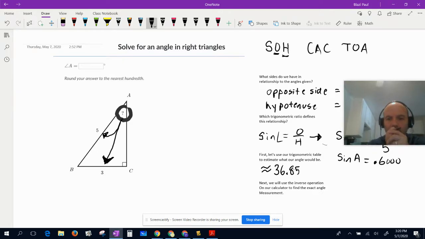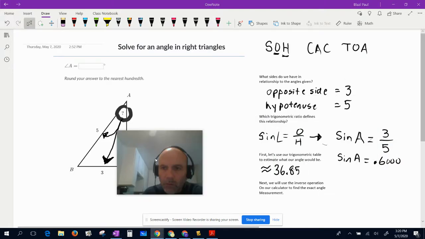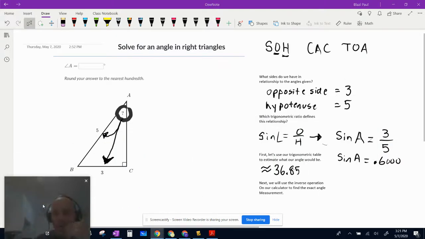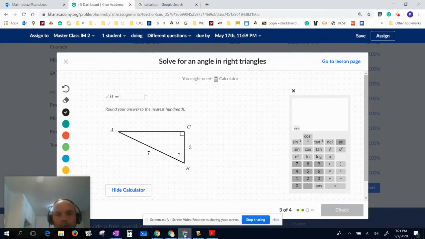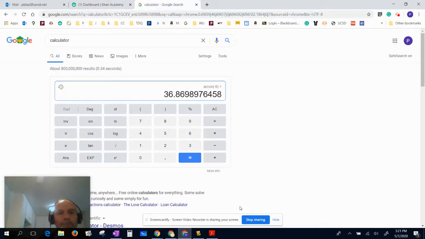All right. Now what we're going to do is use a calculator to find it. I'm going to use the Google calculator right here to figure out what this one equals.